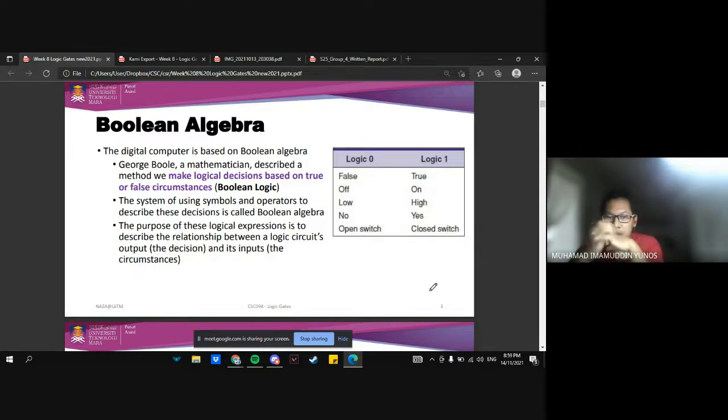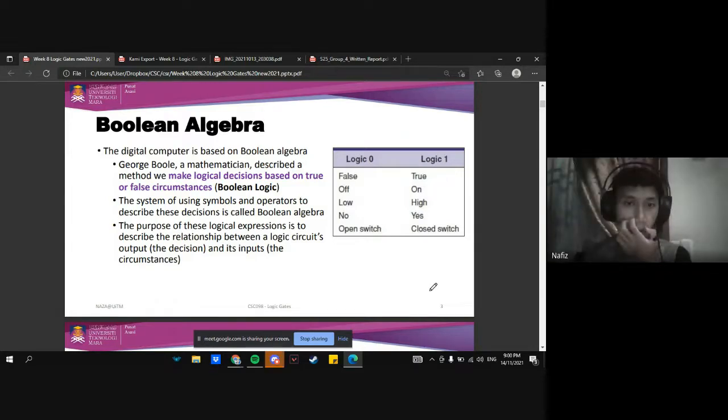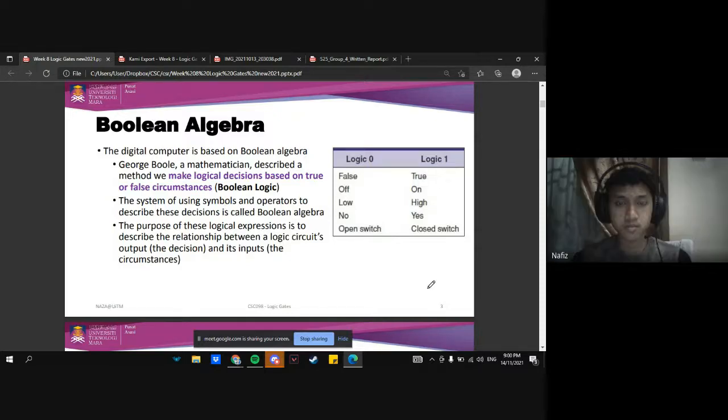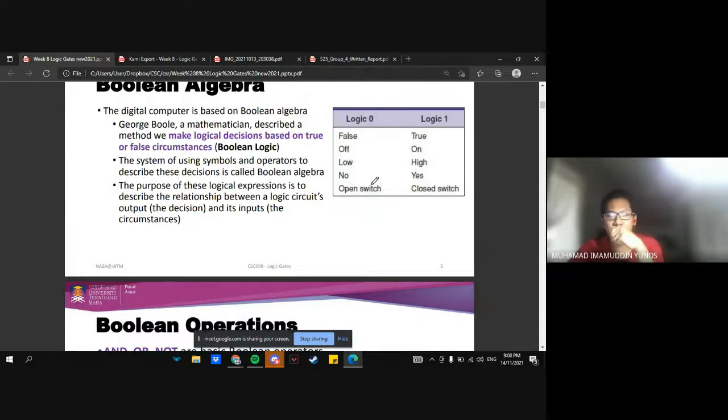The system of using symbols and operators to describe this decision is called Boolean algebra. The purpose of this logical expression is to describe the relationship between a logic circuit's output and its inputs, the circumstances. Before we make a logic circuit, we first need to understand what Boolean algebra, Boolean expression, and Boolean operation are.